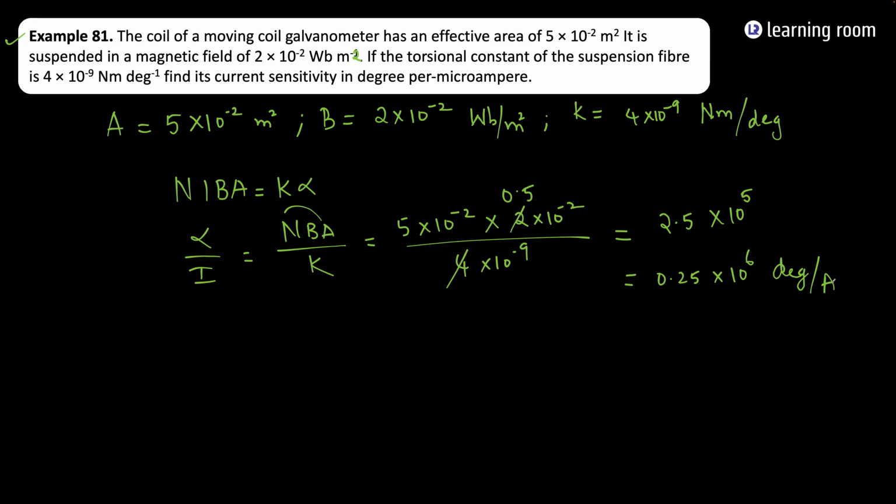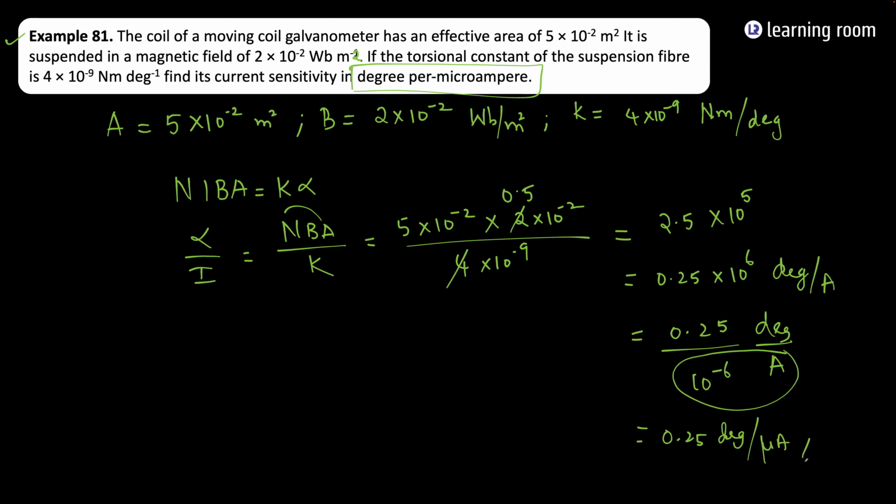Since ampere is in the denominator, take this 10 power 6 to the denominator, it will become 0.25 divided by 10 power minus 6 degree per ampere. The question clearly mentions they want the answer in terms of degree per microampere. So this 10 power minus 6 into 1 ampere becomes microampere. So the answer is 0.25 degree per microampere.